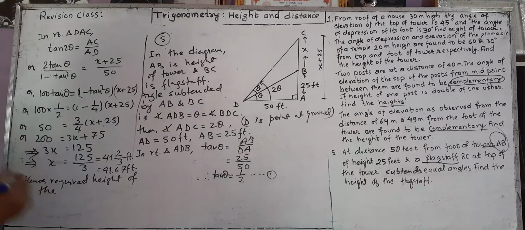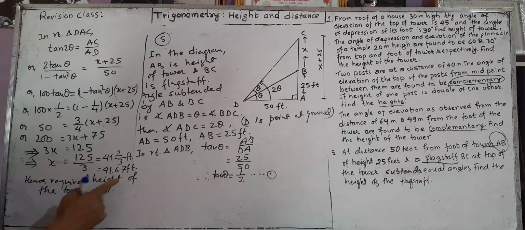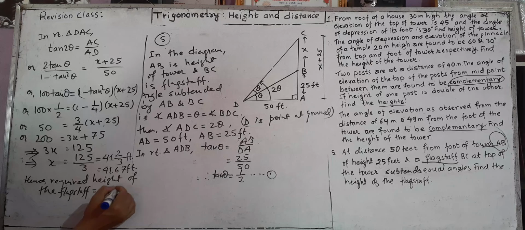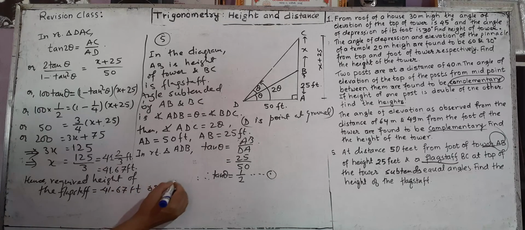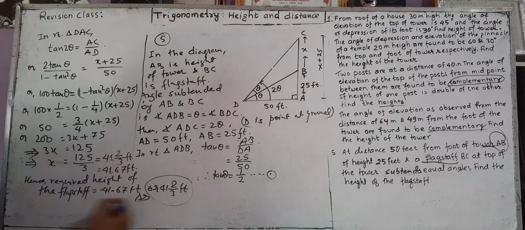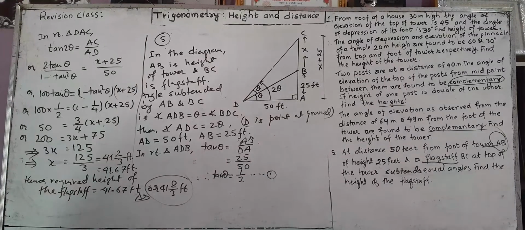We have to find the height of the tower, not the flagstaff. The flagstaff is 41.67 feet or 41 whole 2 by 3 feet. This completes the solution of the last question.